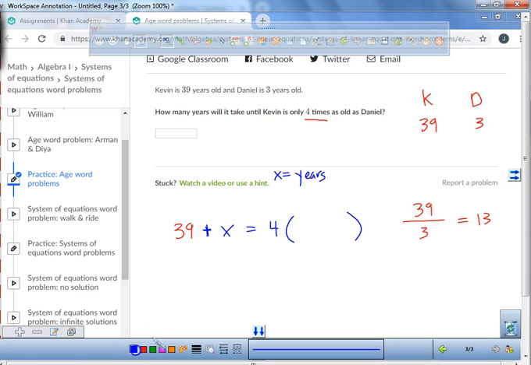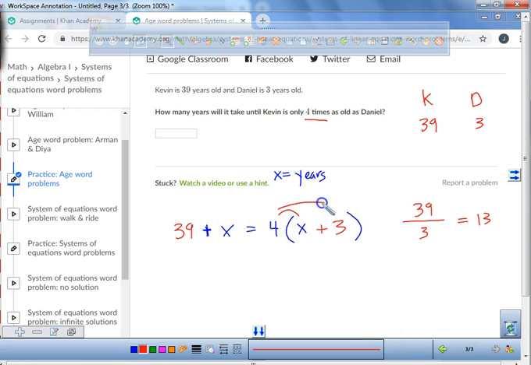So right now, we're going to put 4 times x, but what is Daniel's age right now? Daniel's age is 3. So this side has to be 4 times this side.